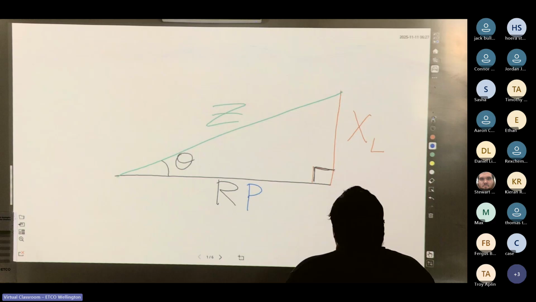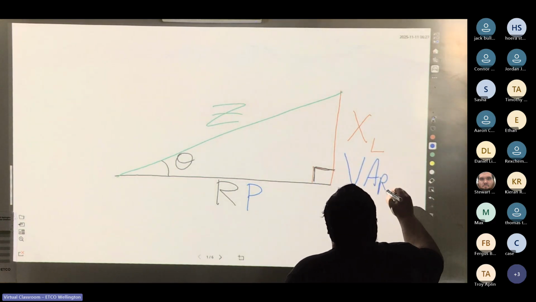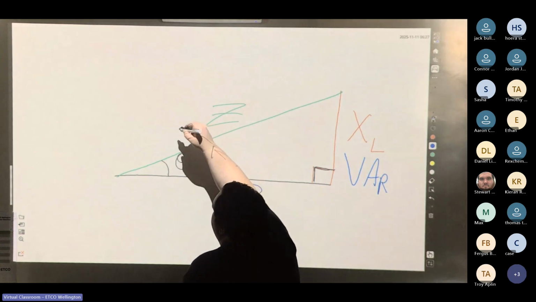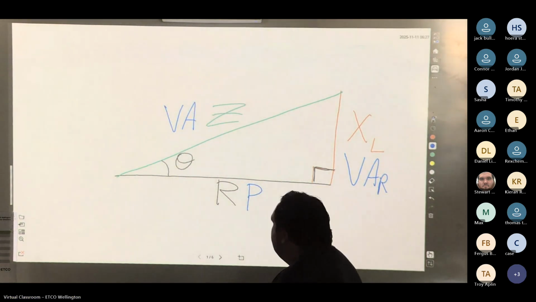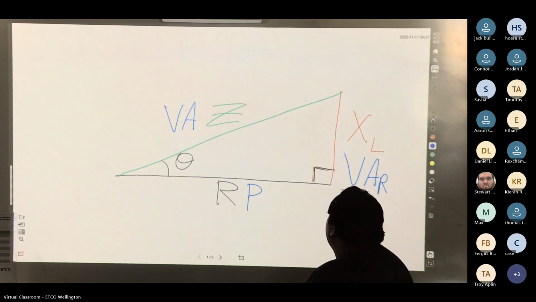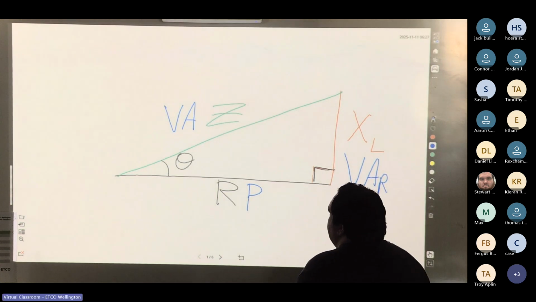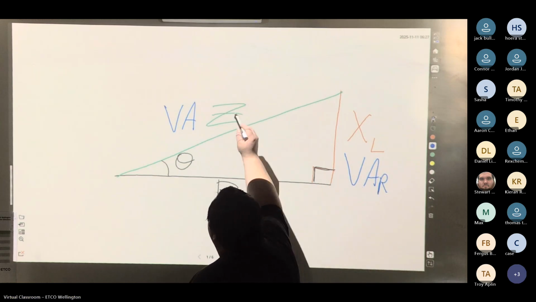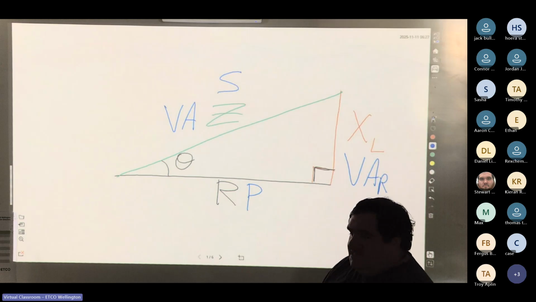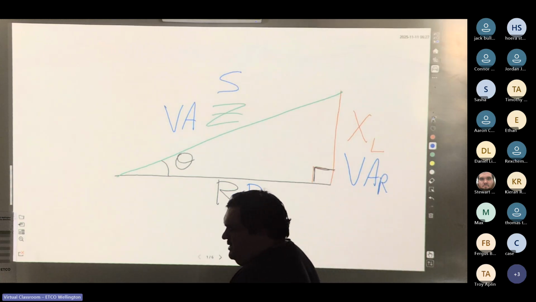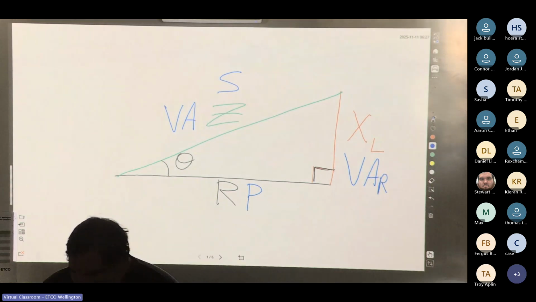We can replace XL with our VA reactive, and we can replace our Z with VA, also known as our S or apparent power. These are things we will look at as we go through the topics, but that is something to be aware of as we go forward.